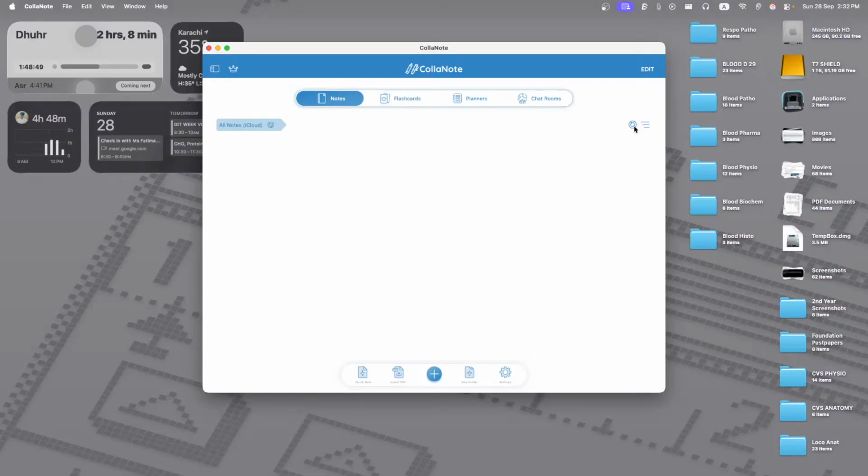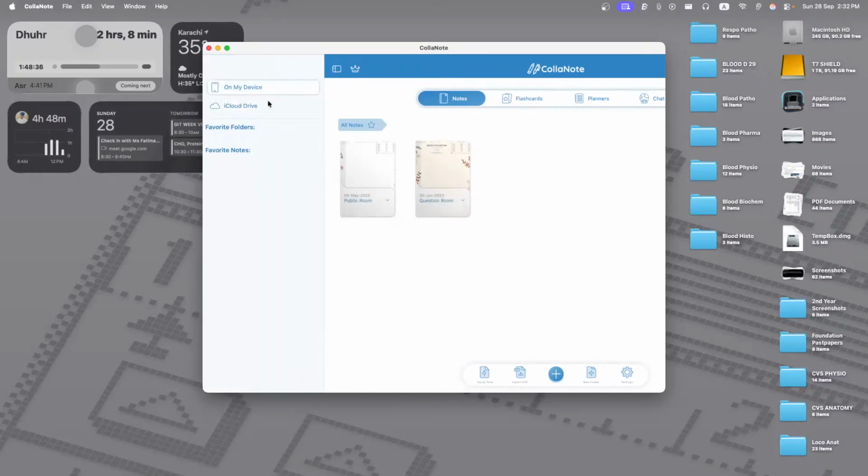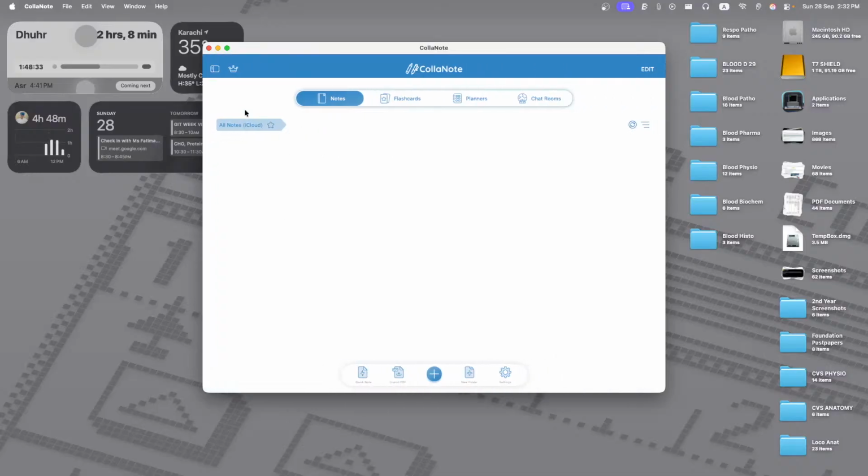Nah. But then I don't have any iCloud storage, right? So yeah. Nope, doesn't work. That sucks, doesn't it?